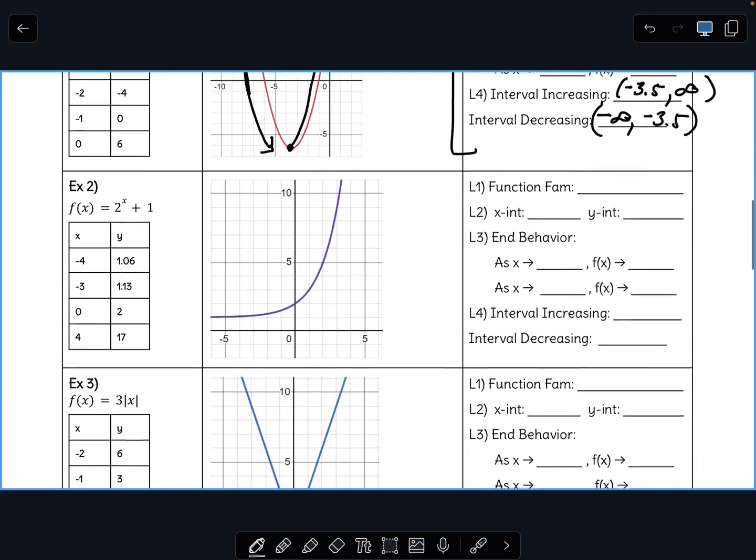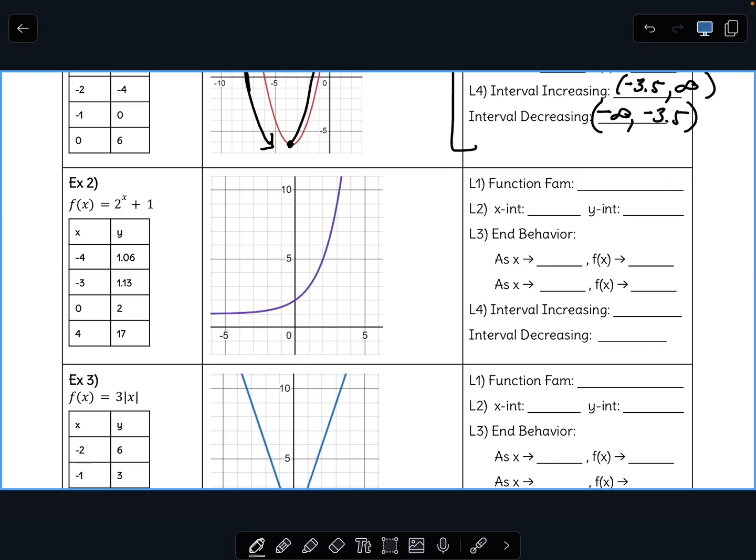All right, so let's look at the next one. Again, you should be able to look here and see that our x is our exponent. Also, the shape of our graph is going to let you understand that this is exponential. Now, remember, you're not going to have an x-intercept.